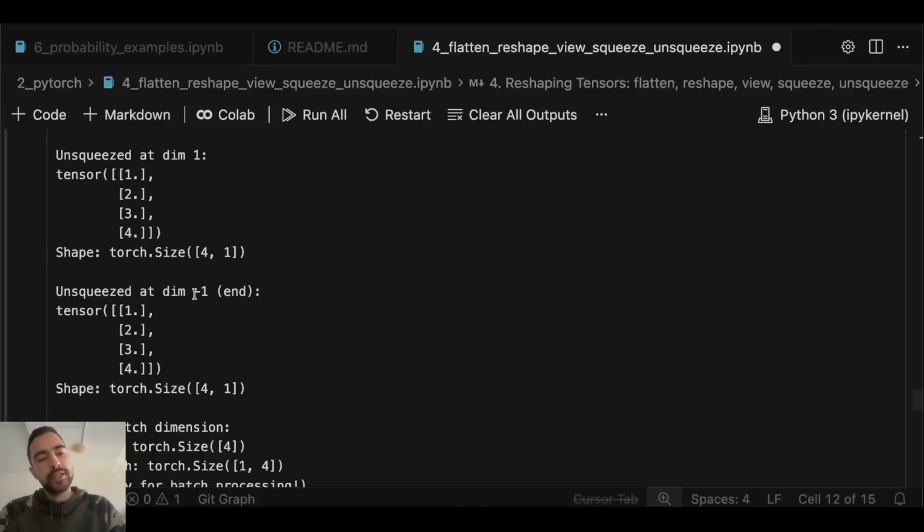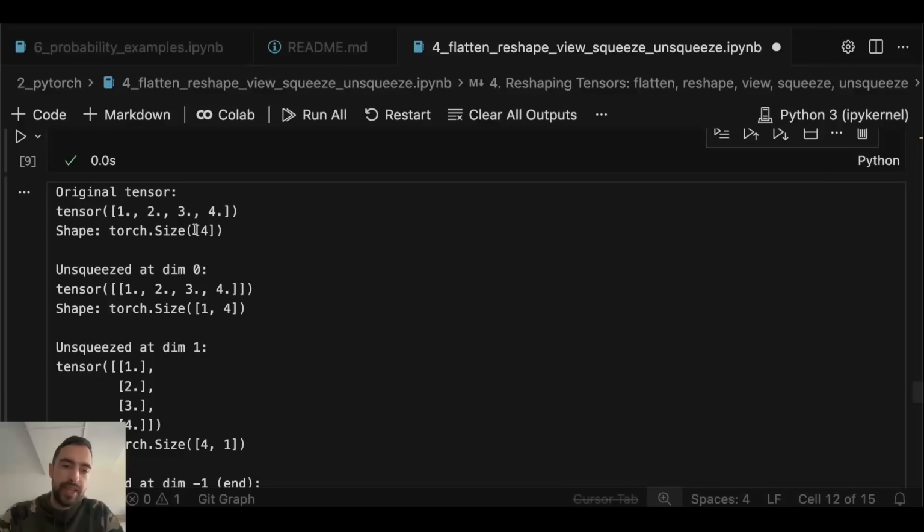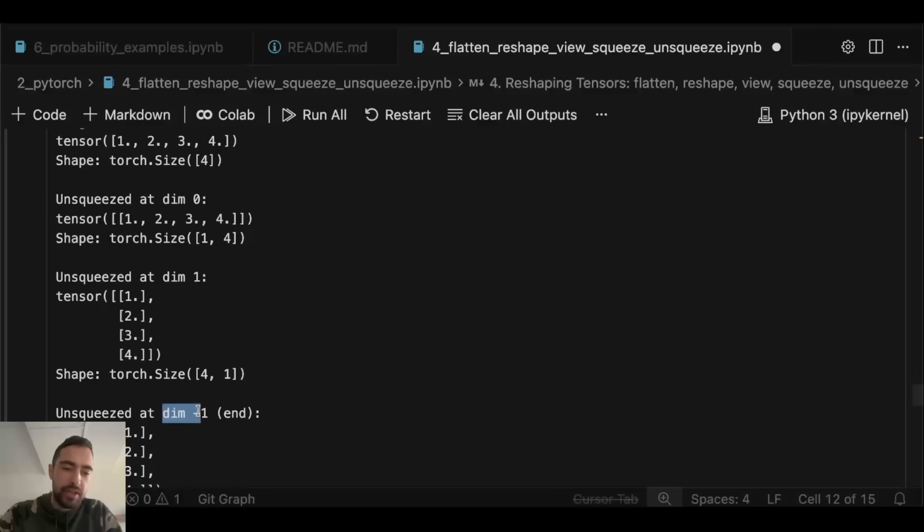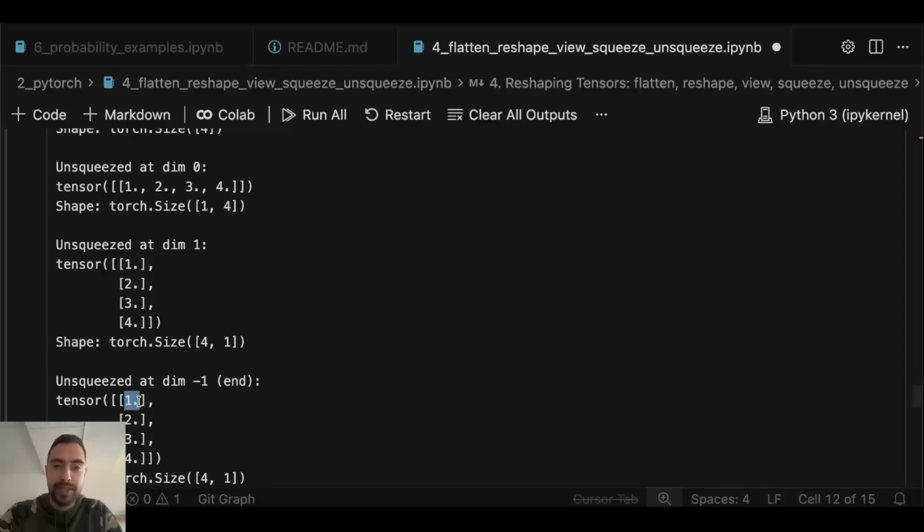You can also unsqueeze at -1, which will add a dimension at the end. So if you don't know the actual shape of your tensor, but you just want to put every element in its own array, then you can say unsqueeze at dimension -1, and this will put every element in its own array.